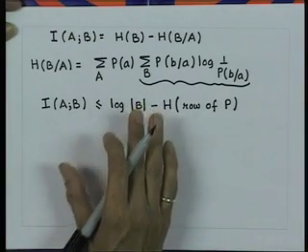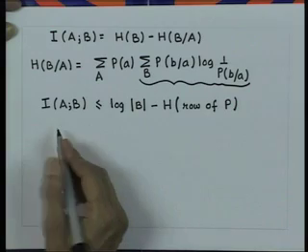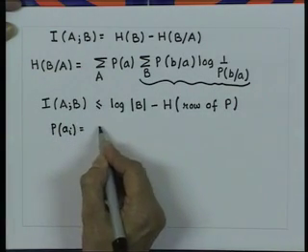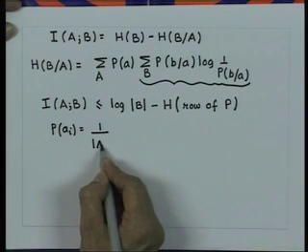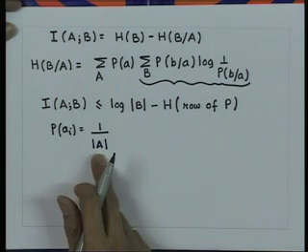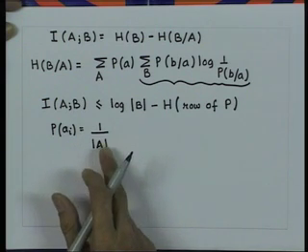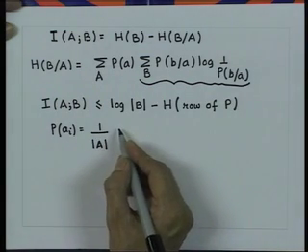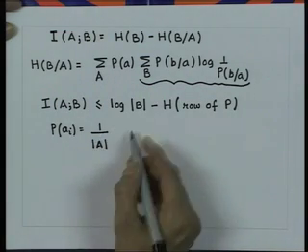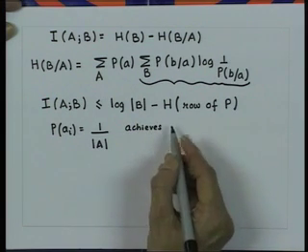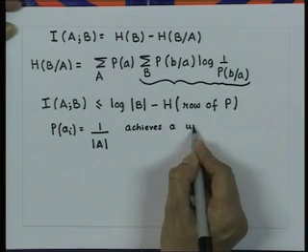It can be shown in this case that if probability of Ai is equal to 1 by mod A, where by definition again mod A is equal to the size of the input alphabet A, then this distribution achieves a uniform distribution on B.